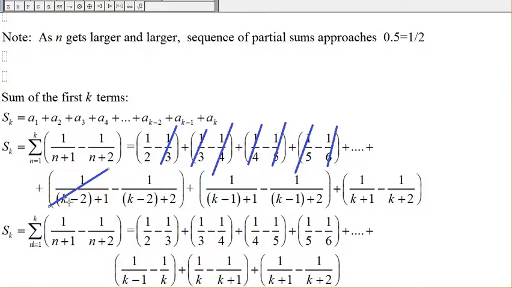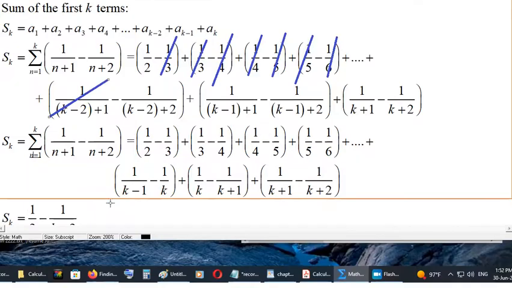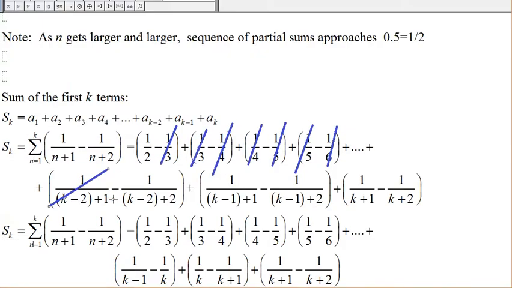Now k minus 2 plus 1 is k minus 1. And then k minus 2 plus 2 is just k. K minus 1 plus 1 is just k. And then k minus 1 plus 2 is k plus 1.